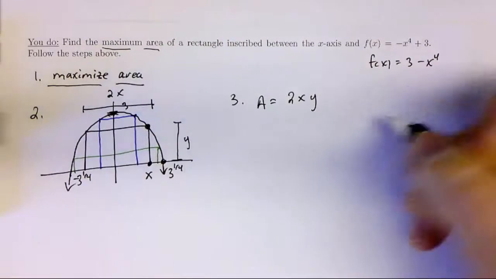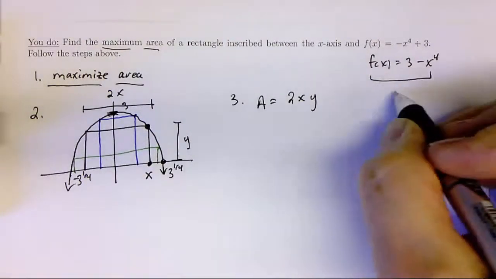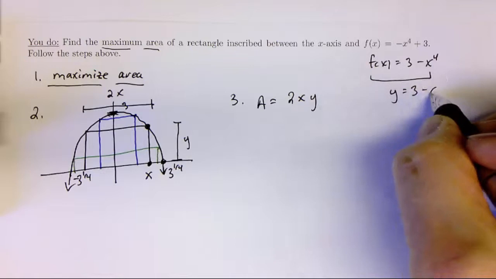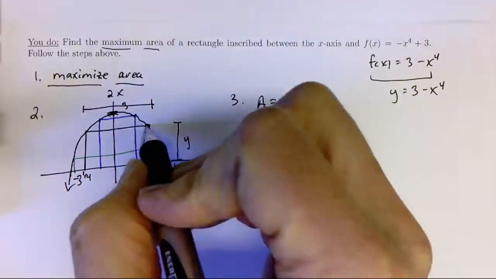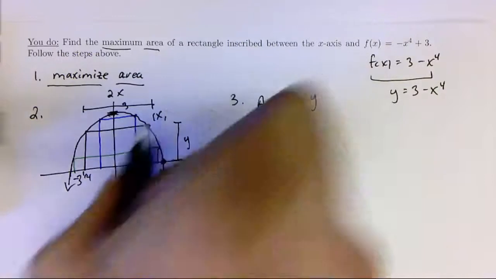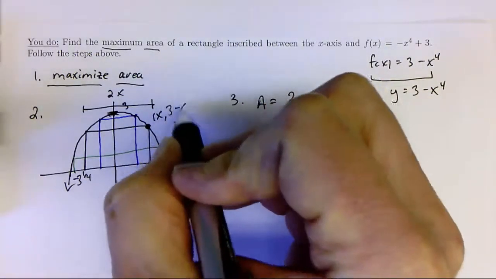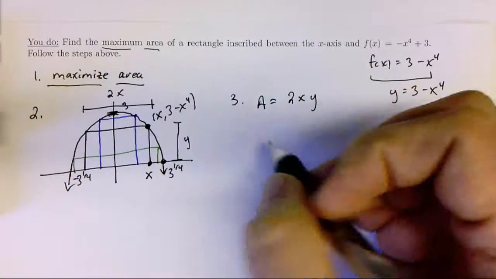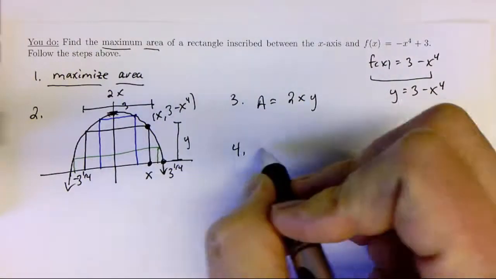How can I do that? Well, I know here that y, the y-coordinate on the graph, is equal to 3 minus x to the fourth. This point here that we can move around has coordinates x, and then 3 minus x to the fourth. So y is 3 minus x to the fourth. So I can use that in my equation.